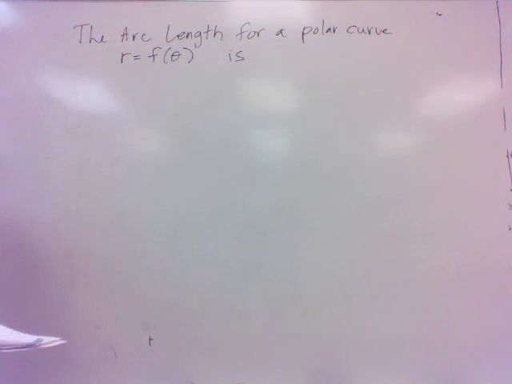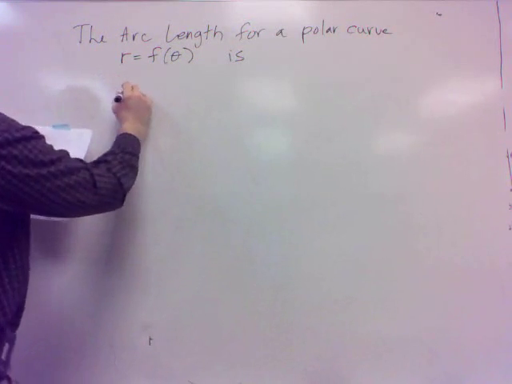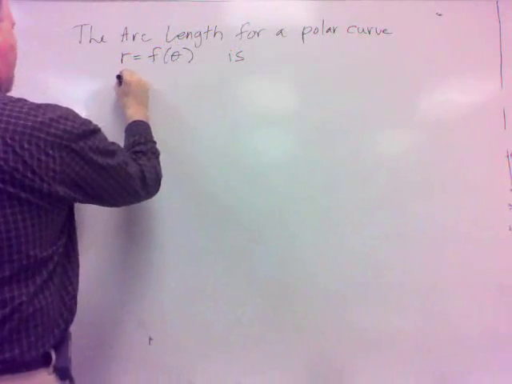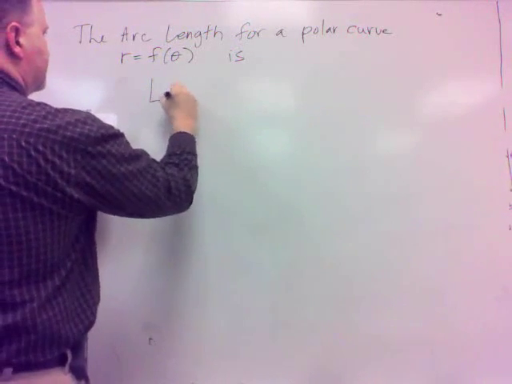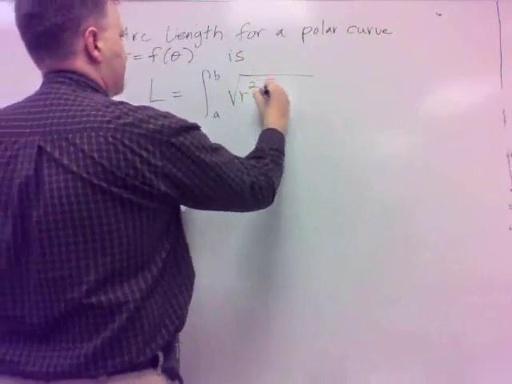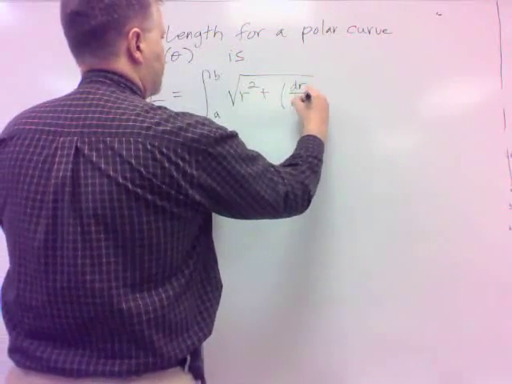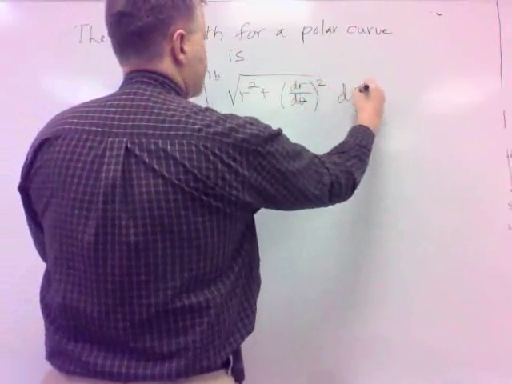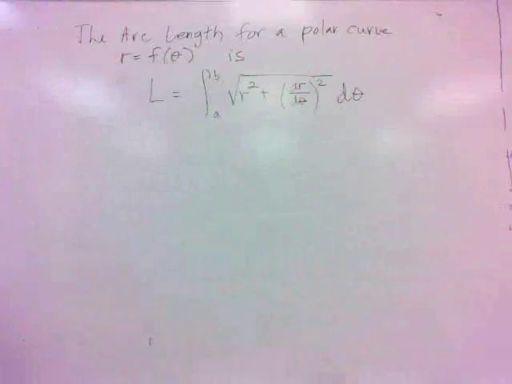Well, same sort of thing, but it really turns out nicely. Arc length in polar form, well, it's r squared plus dr d theta squared, the derivative there of your function.